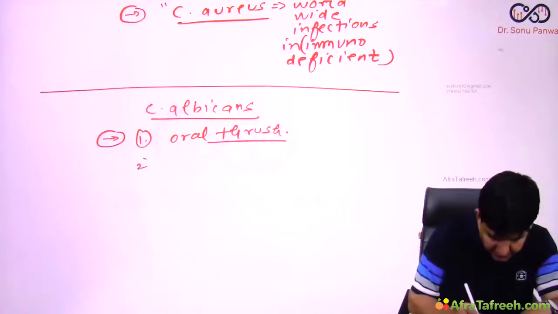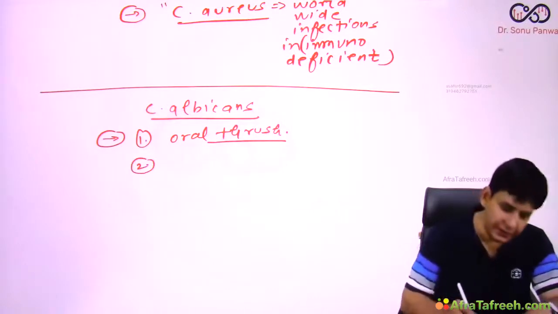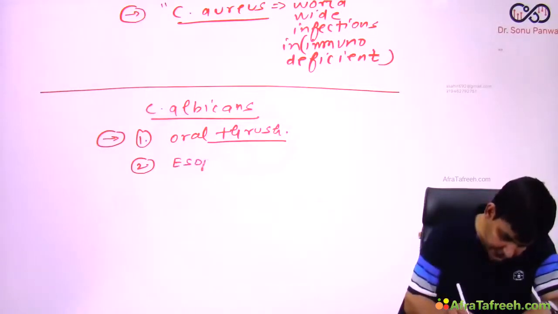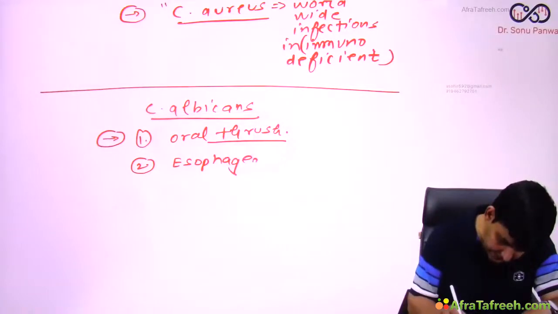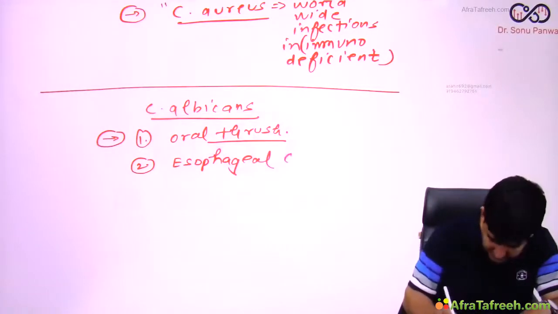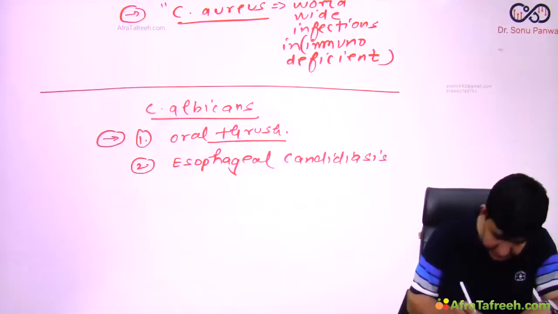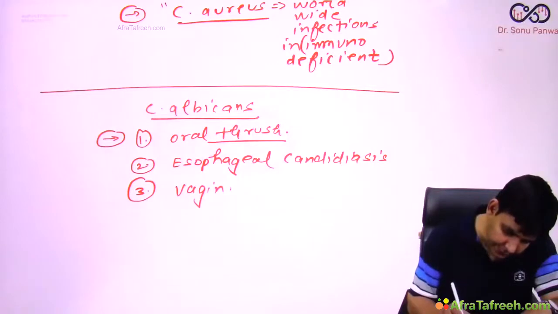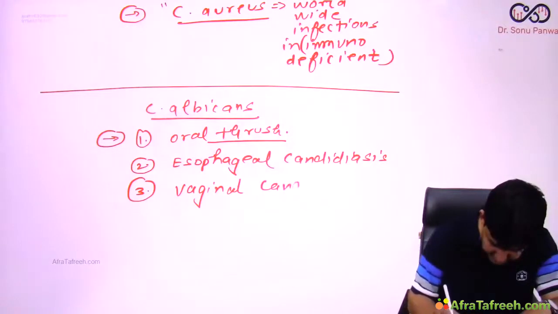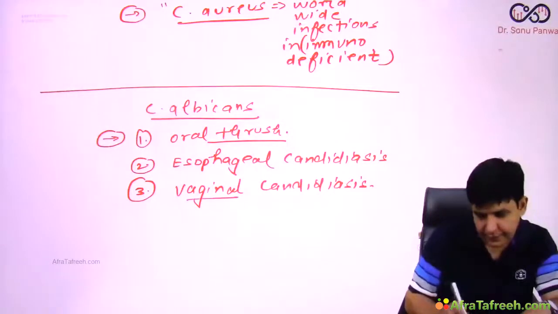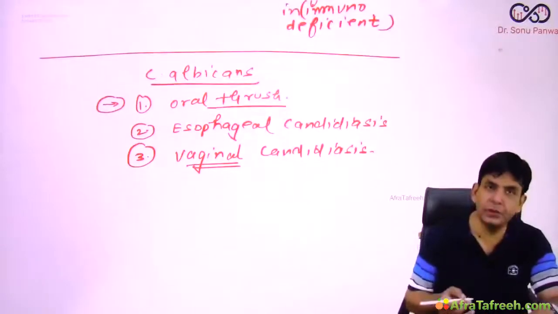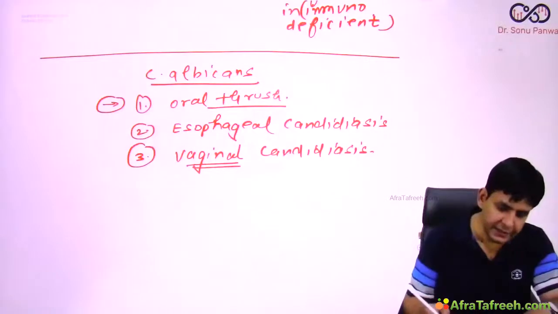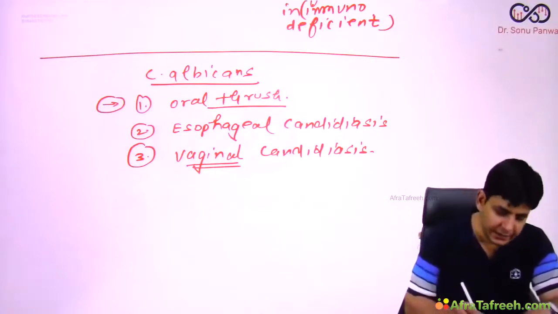It leads to esophageal candidiasis, vaginal candidiasis. Oral thrush, esophageal candidiasis, vaginal candidiasis, they all are being caused by Candida albicans.